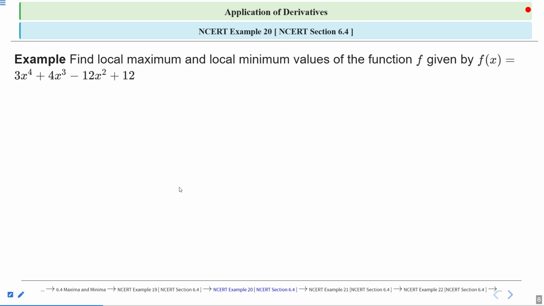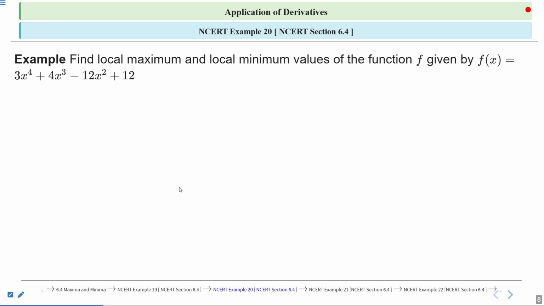So how can we find the local maximum and local minimum? We will try the second derivative test. We will first put f'(x) = 0 and find the critical values of the function. The points at which f' is equal to 0 will be the critical points.